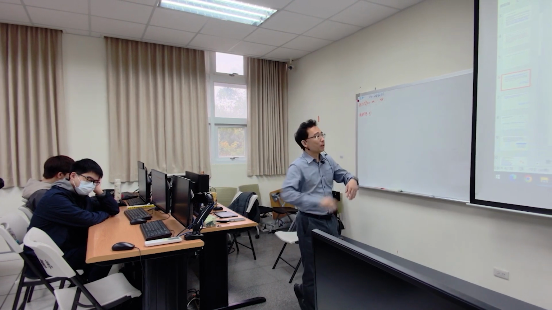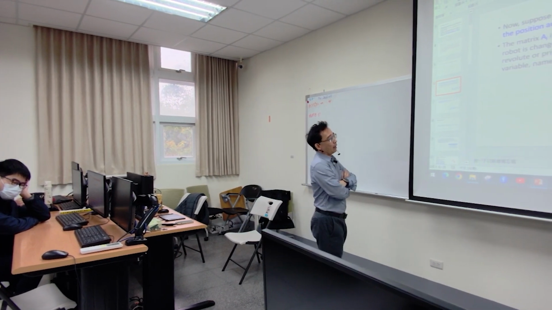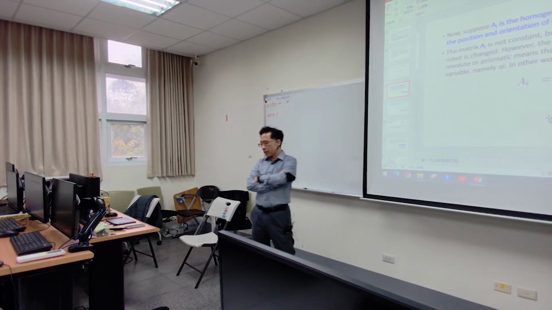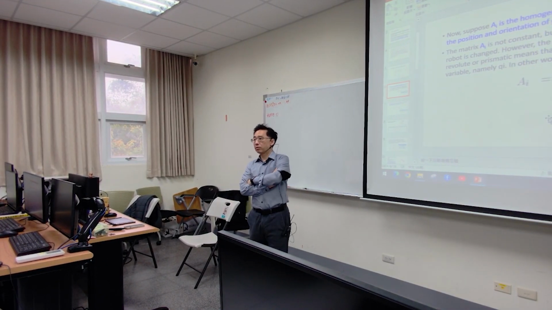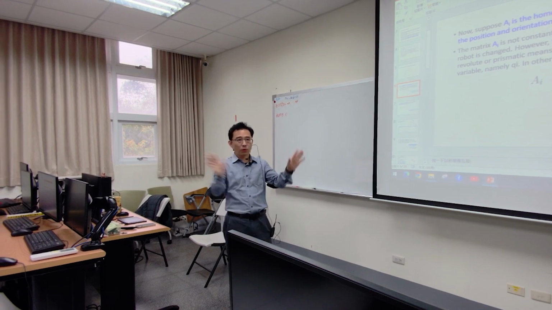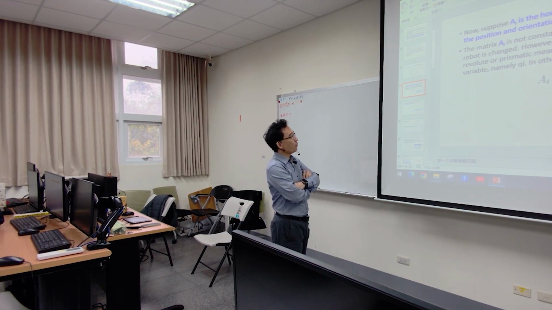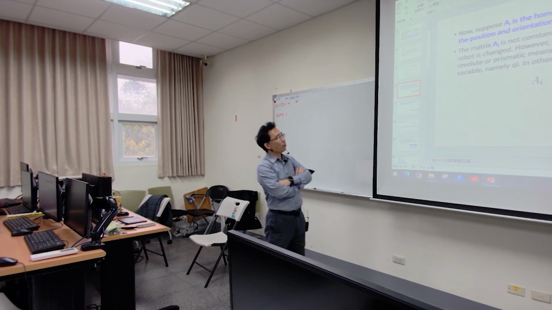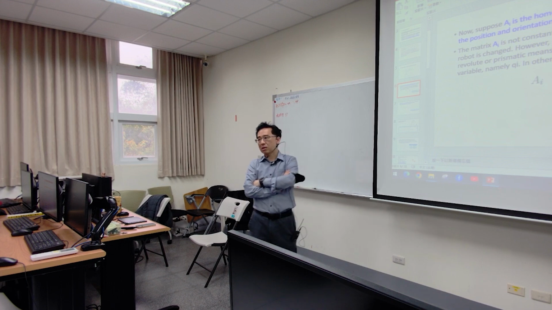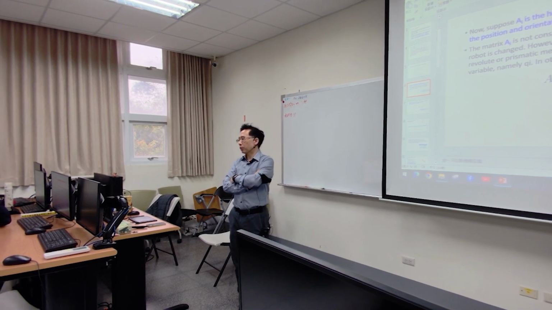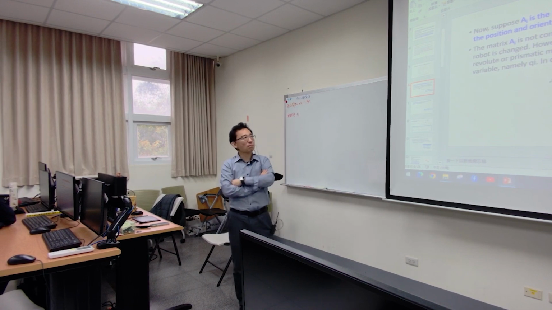Right now we go to the mathematical part, because we are ready to do the computation to describe the robot position. Over here, Ai is the homogeneous transformation matrix. As we mentioned in the previous chapter, it includes the rotation matrix and the translation matrix.